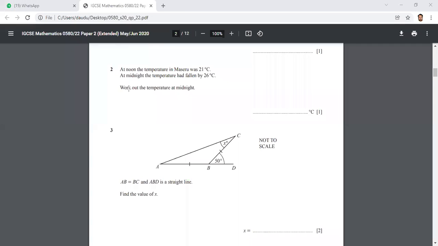If you make the concept clear, you can draw one line like that. Here we need a point. Let's suppose here we have 21 degrees Celsius, and here we have 0 degrees Celsius.